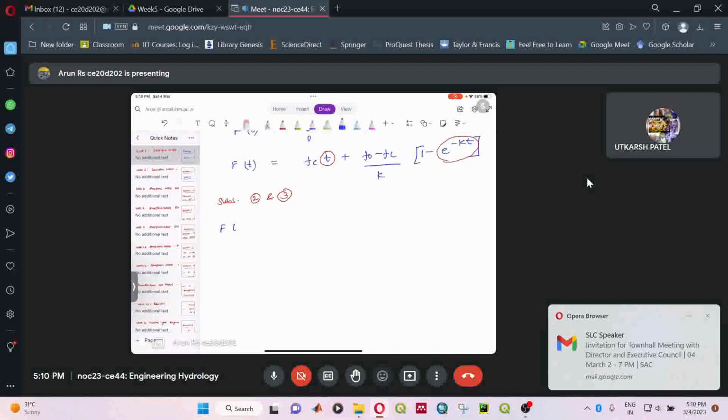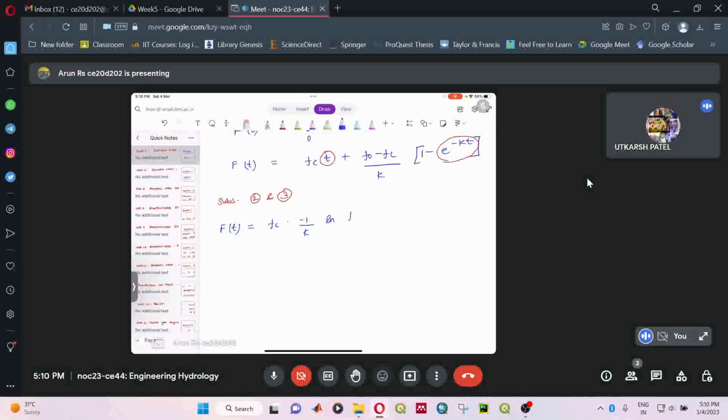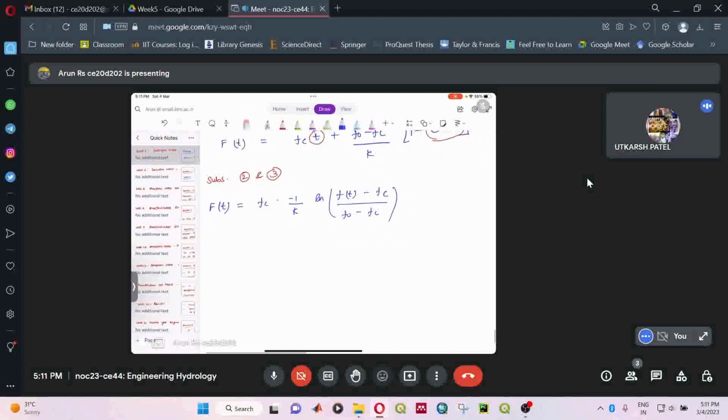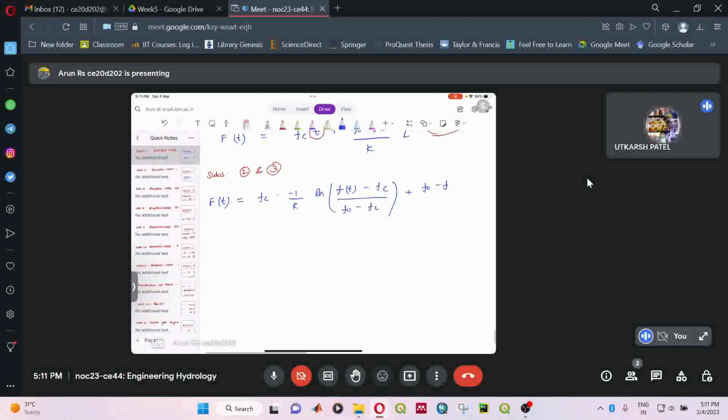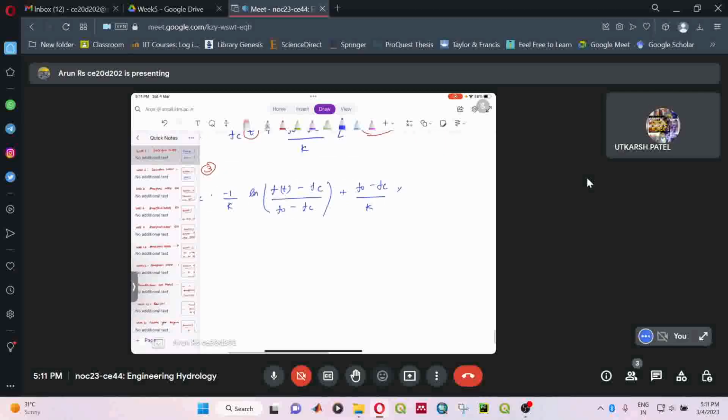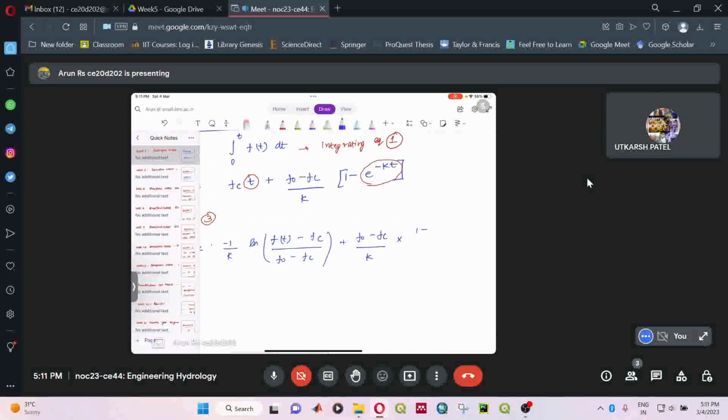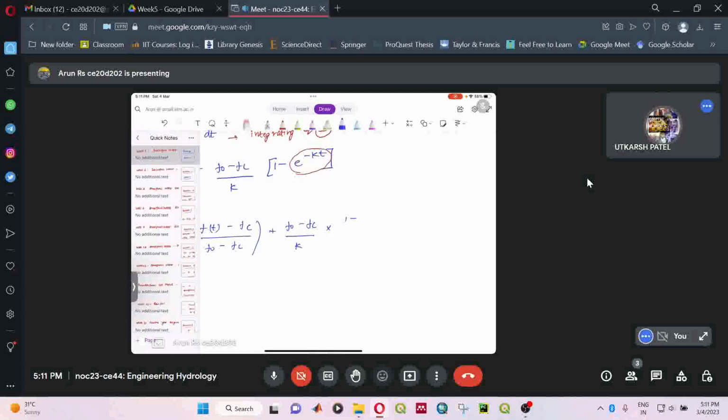So I will get F of t is equal to fc into minus 1 by k ln of (ft minus fc) divided by (f naught minus fc), plus (f naught minus fc) divided by k into 1 minus (ft minus fc) divided by (f naught minus fc).